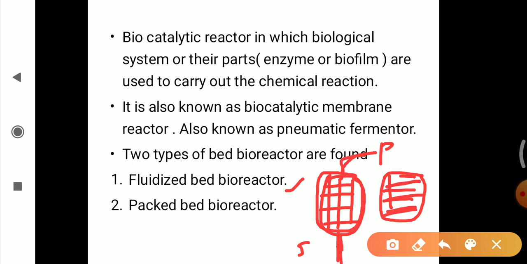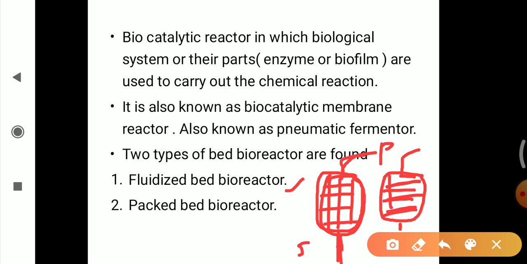The substrate is injected through the bottom and held inside the reactor for a specific period of time. The microorganism or biofilm present in the column converts the substrate into product, and the product is recovered simultaneously at the upper region.